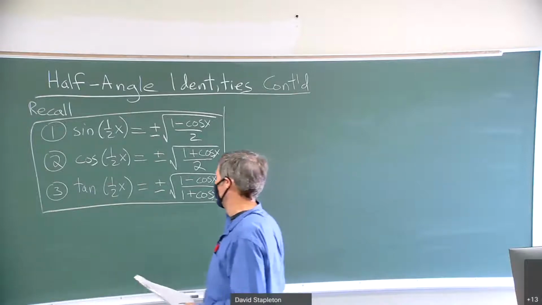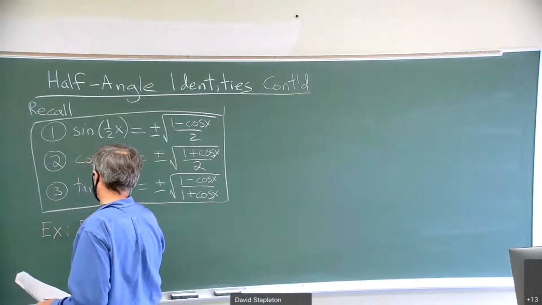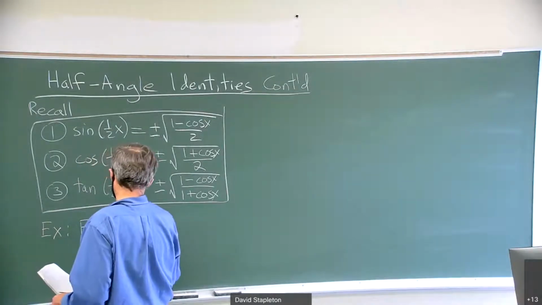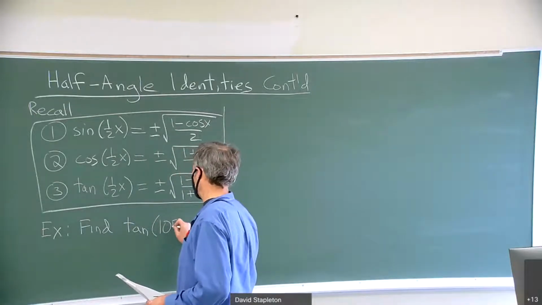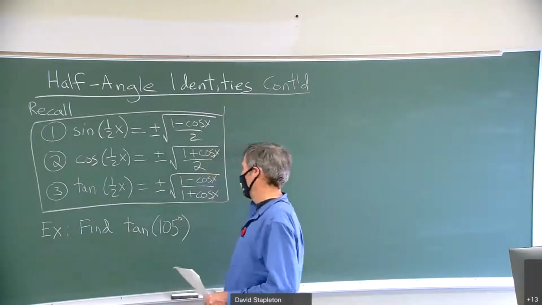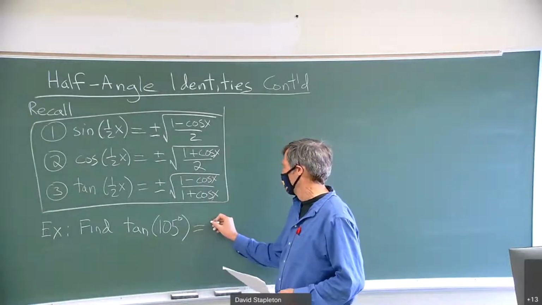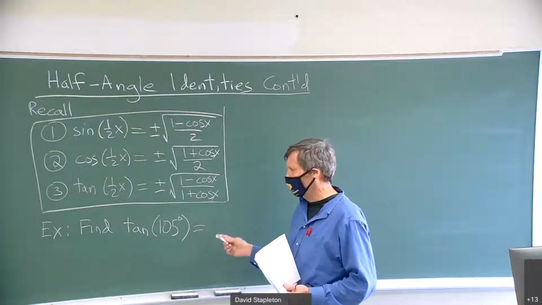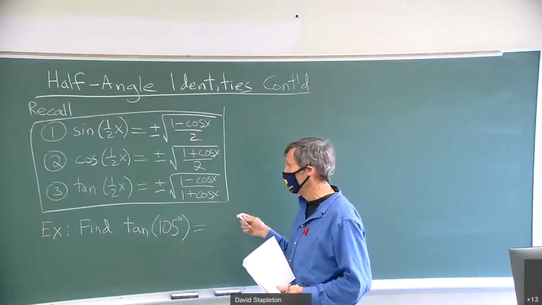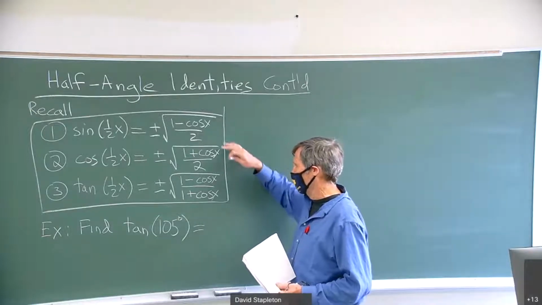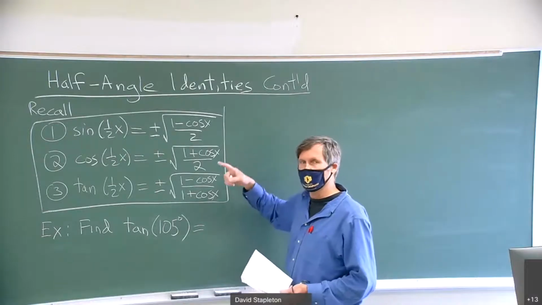So for example, suppose I wanted to calculate the tangent of 105 degrees. I know I can do that because it's half of a special angle, right? And in fact, as part of that, you should realize that these half angle identities will now compute it exactly. Any sine, cosine, or tangent of an angle that's a multiple of 15 degrees.